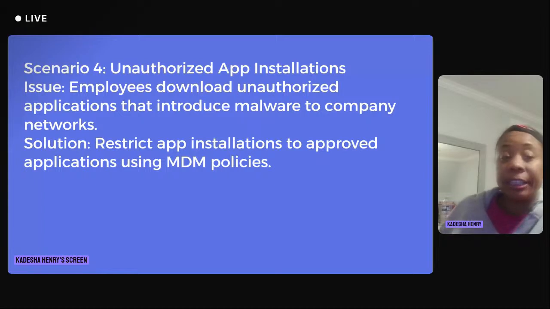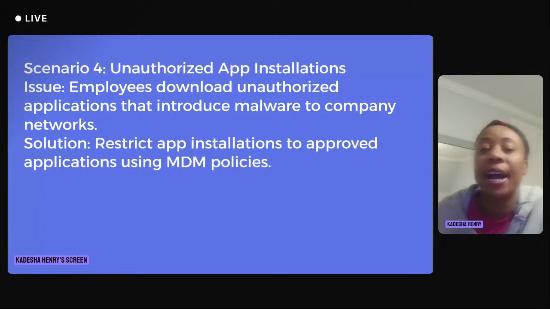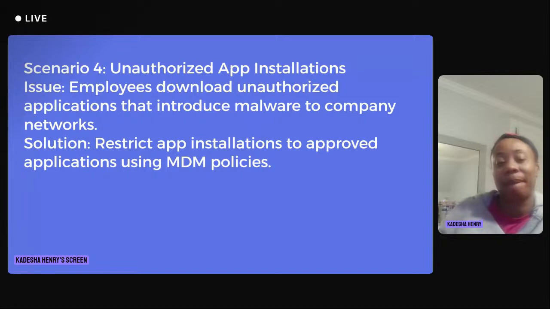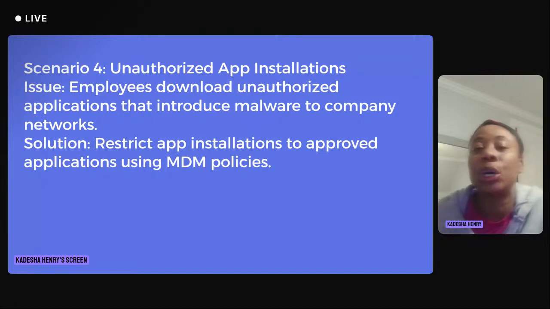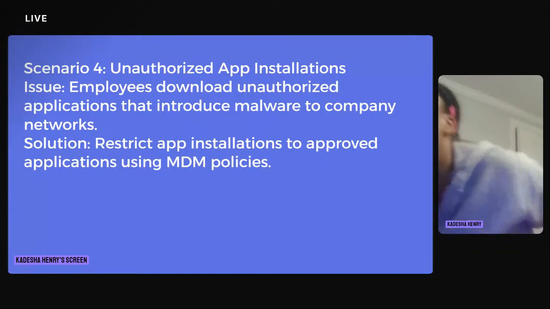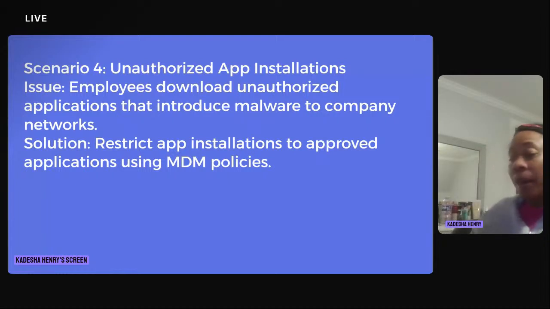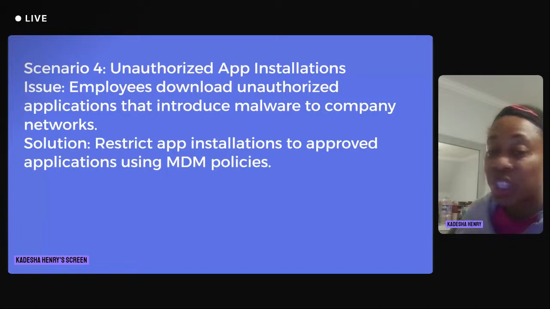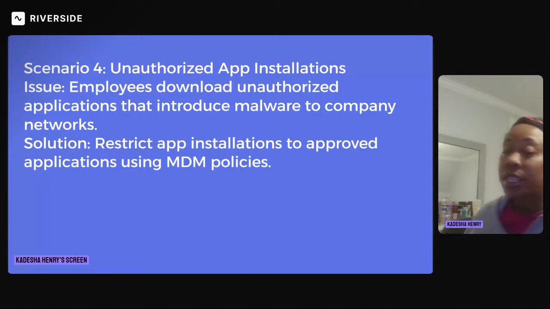So let's look at another scenario. Unauthorized app installation. Employees download unauthorized applications that introduce malware to the company's networks. So many times, as the company deploys their mobile assets, they are going to put restrictions. Remember we talked about that in the configuration, that they probably have restrictions as to the apps that you can download.